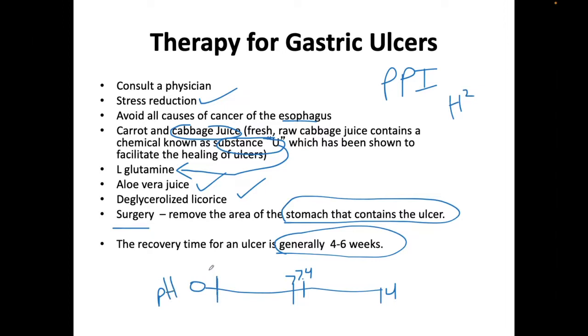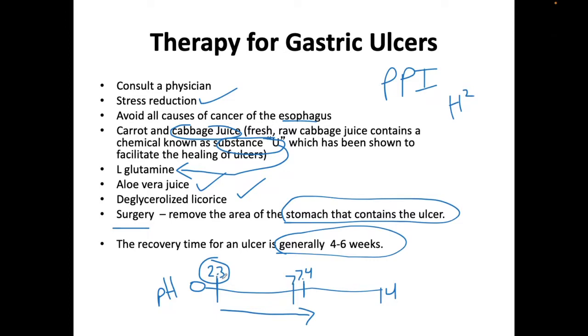And then right here at around 2.3 or 2.0, somewhere around there, is the acidity of the stomach. And when an individual uses antacids, they're trying to increase the pH, right? They're trying to change the acidity, make it more alkaline or basic, because the acidity is what's doing the damage.